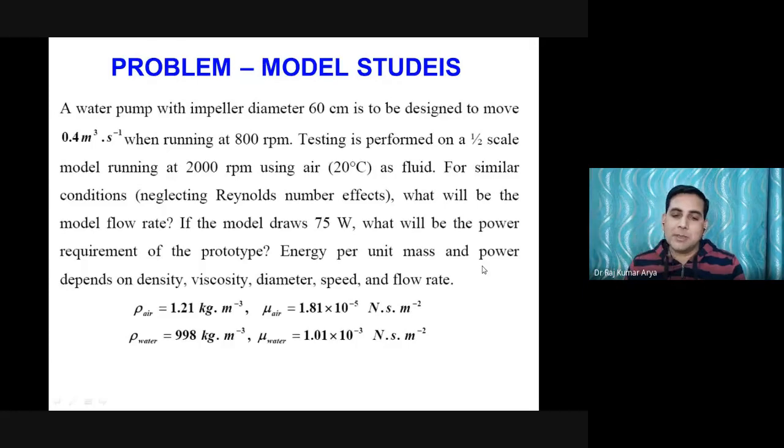So the variables, if you read here: energy per unit mass is one parameter, the other parameter is power. Next are density, viscosity, diameter, speed, and flow rate. So these are the parameters involved in this question, no matter whether it is a model or prototype.